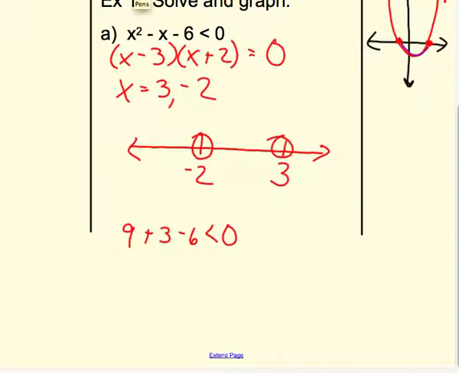If we substitute 0, we get negative 6 is less than 0. That is true. So we're going to shade it in between negative 2 and 3. And just to double check, we're going to substitute 4. So we'd have 16, minus 4 is 12, minus 6 is 6, which again is not less than 0. So the solution set is numbers between negative 2 and 3.